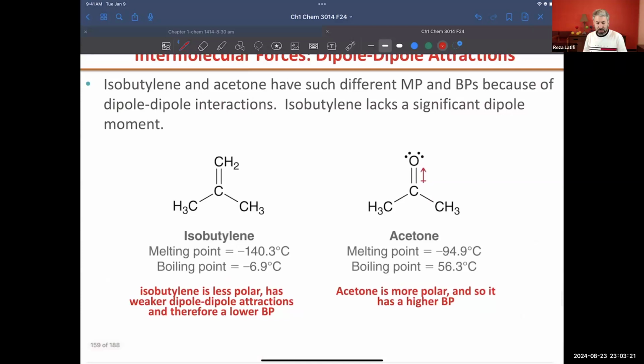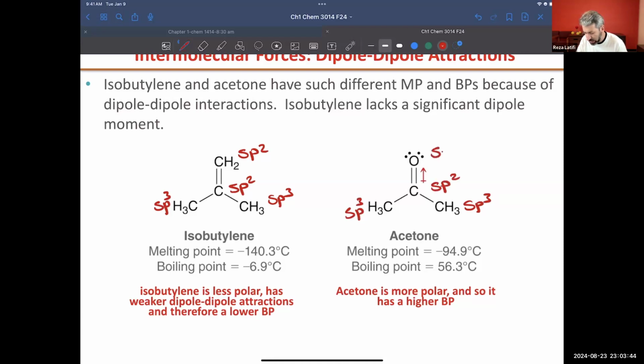Let's go through this example. In this case, we have carbons that are sp3, sp3. This one is sp2, and that one is sp2. How about here? Here we have sp3, that's sp2, and sp2.